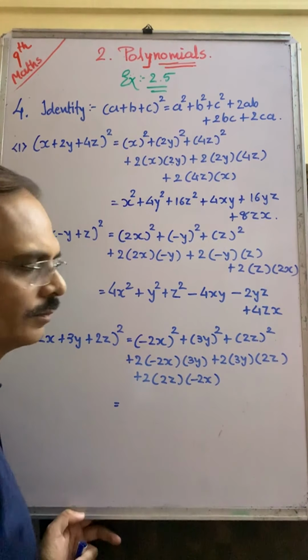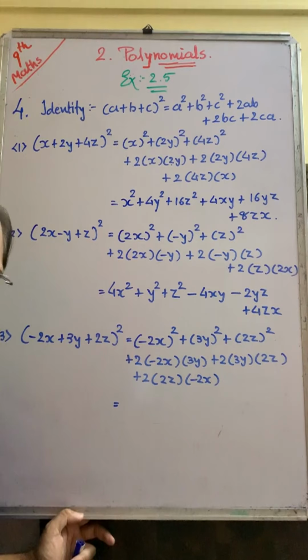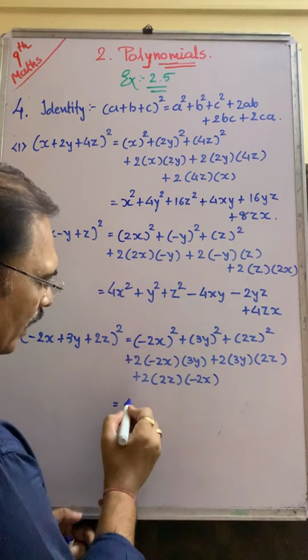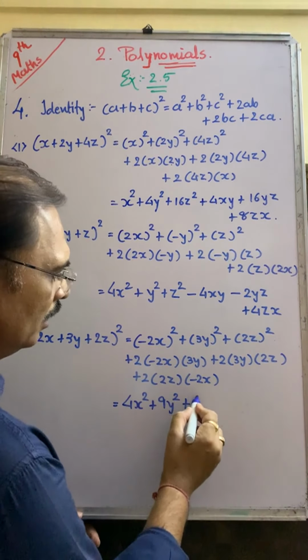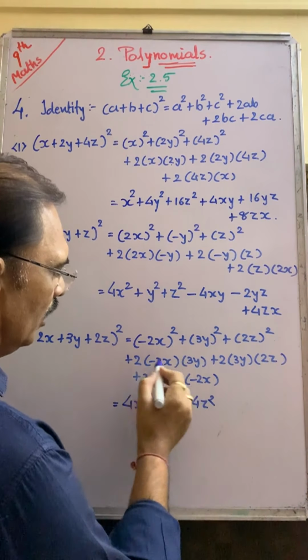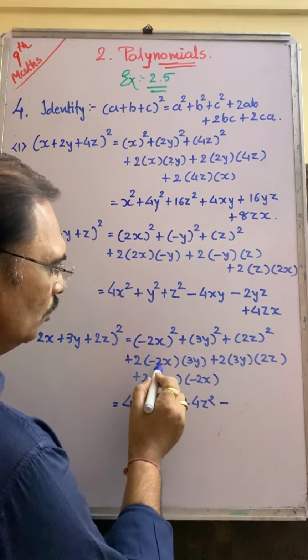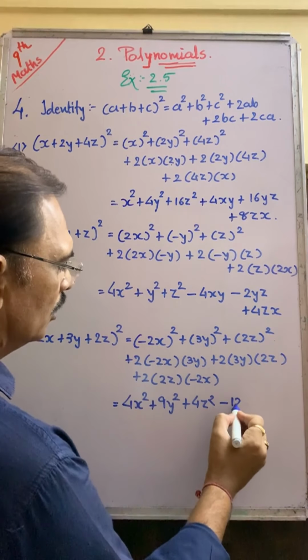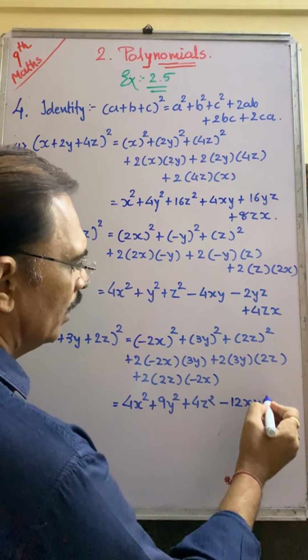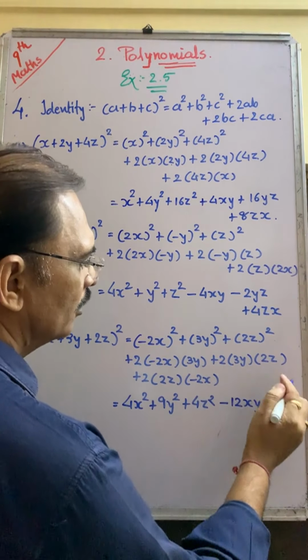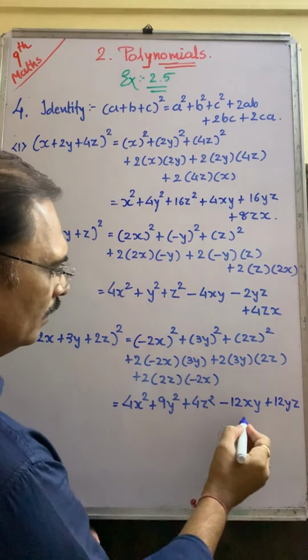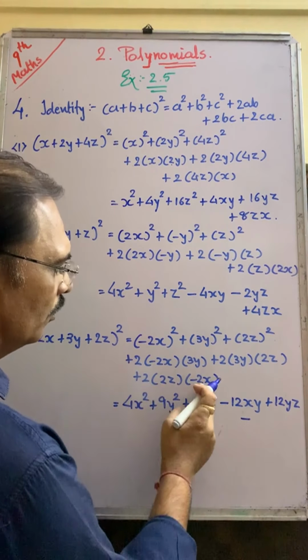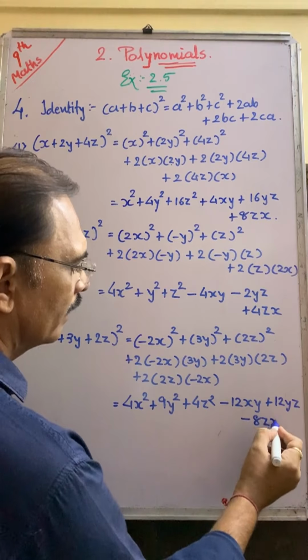Open it, see it properly. Minus square 4x square plus 3 3s are 9y square, 4z square plus minus 2 2s are 4, 4 3s are 12xy plus 2 3s are 6, 6 2s are 12yz plus minus 2 2s are 4, 4 2s are 8zx.